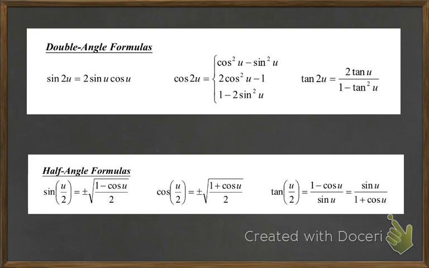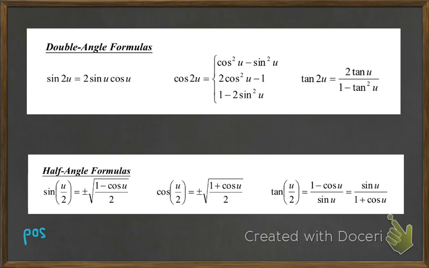And then when you get down to the half angle formulas, notice that there is a plus or minus in front of the sine and the cosine formula. And again, it's not that it's going to be both a positive answer and a negative answer. You have to pick the positive or negative that fits for the original angle. So that plus or minus is determined by your original angle. So let me just write that for you.